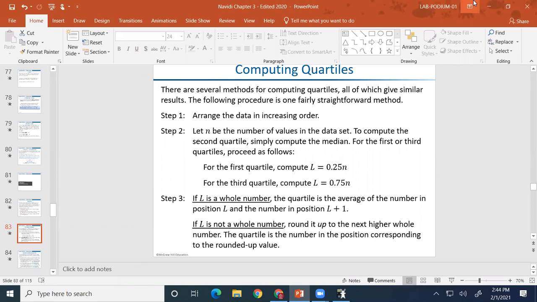That tells us what position, once we round it up, the quartile is in, very similar to the median. If it's a whole number, you've got to find the one in the middle. If it's not a whole number, then you just bump it up to the next one.